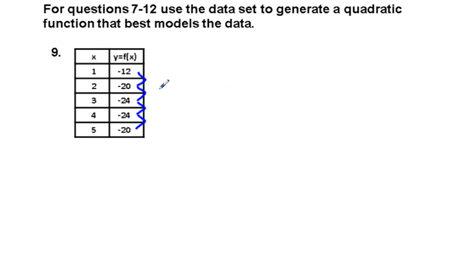We should be able to get to it. So the first one, our first difference is going to be negative 20 minus negative 12, which equals negative 20 plus 12, which equals negative 8.